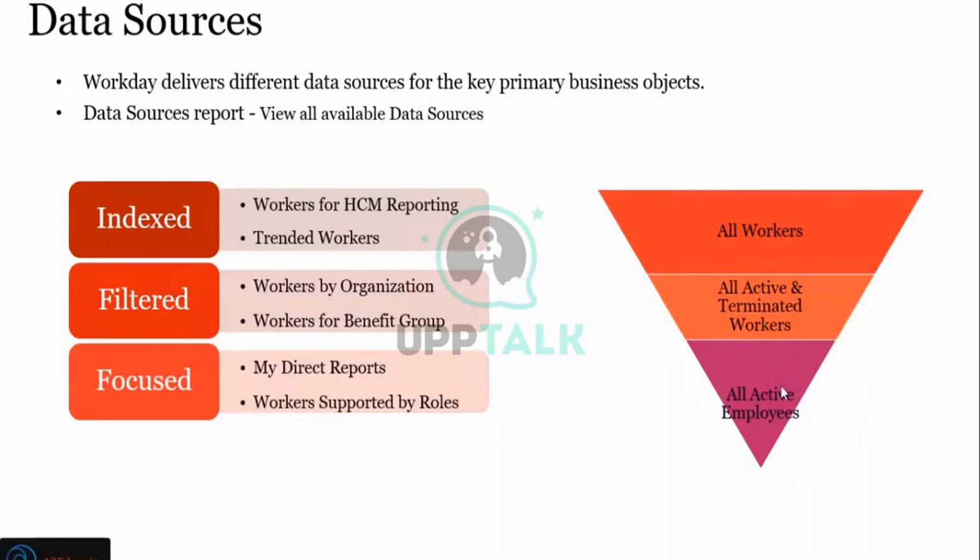It signifies that if you want to build a report only for your employees, not your contingent workers, then instead of using the data source all workers or all active and terminated workers, you'll probably use this data source because it gives you the minimum number of records that you need. Always choose your data source wisely because that would impact your report performance.